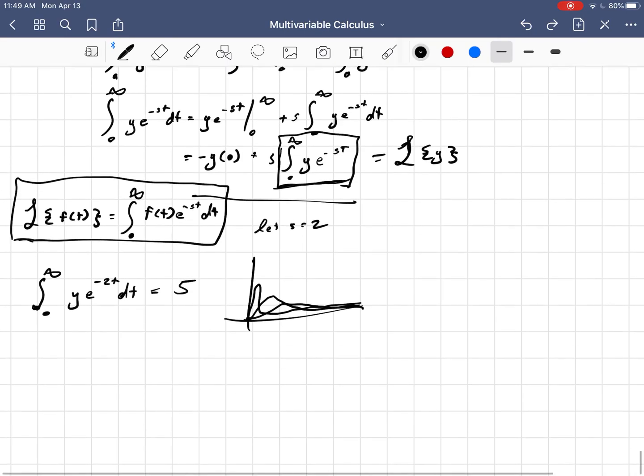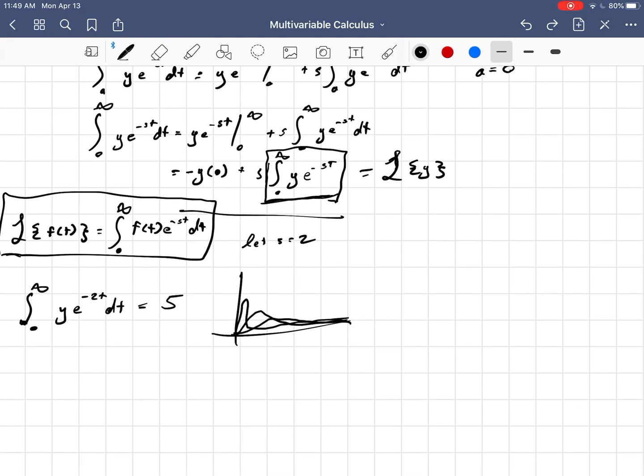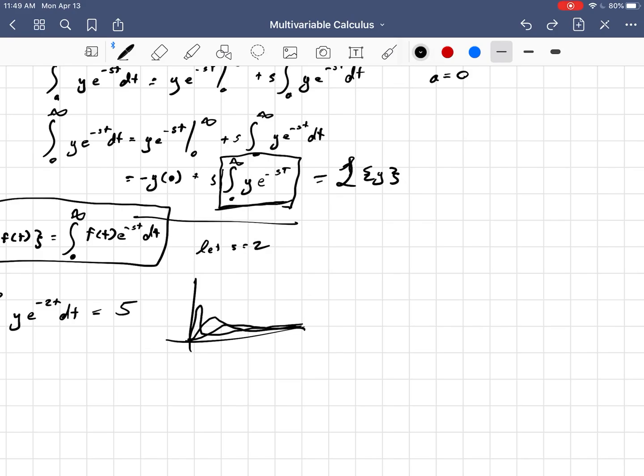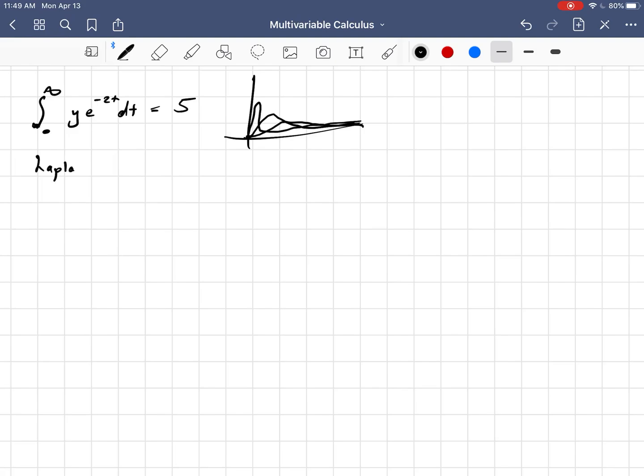So if s is a variable, it turns out that there is only one function y whose, okay, let me say it like this. What I'm saying is that the Laplace transform is unique.